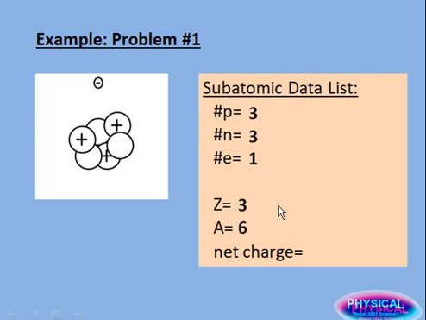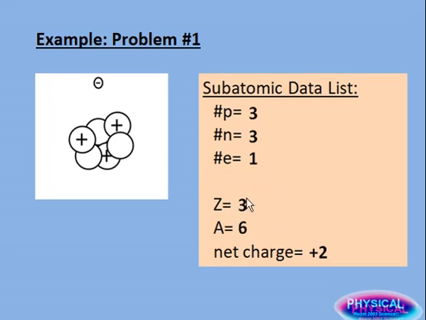Again, based on the review slide, I take the difference between the number of P and number of E. So 3 minus 1 is 2. And then for the charge sign, it's positive because there are more P than E. So again, the difference between 3 and 1 is 2, and the sign is going to be positive because there are more protons, more positive charges. So the net charge is +2.